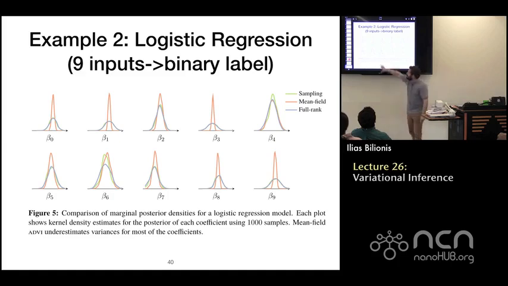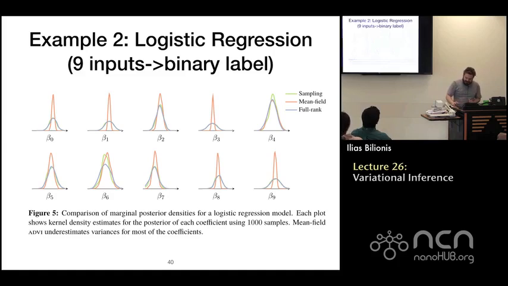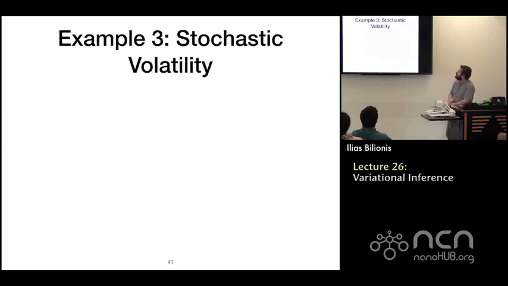So the time required to obtain the results for variational inference is at least one order of magnitude less, right? So you divide the time by 10, okay? The complexity is much lower.